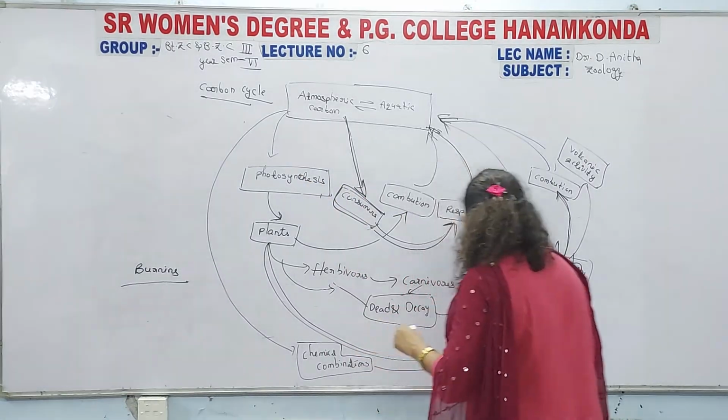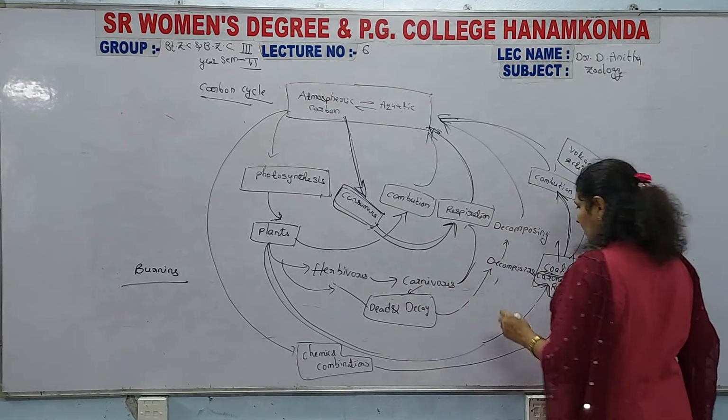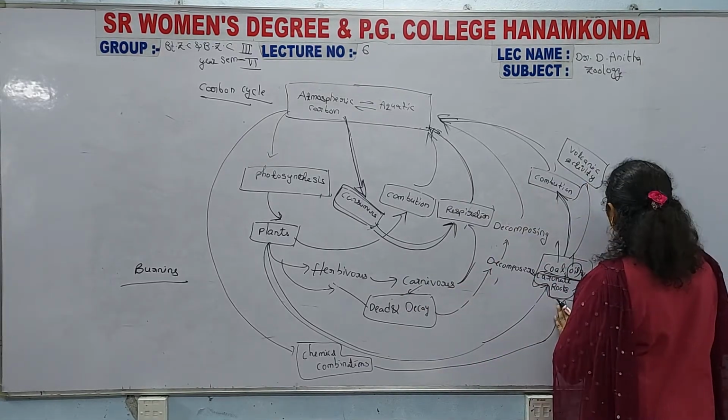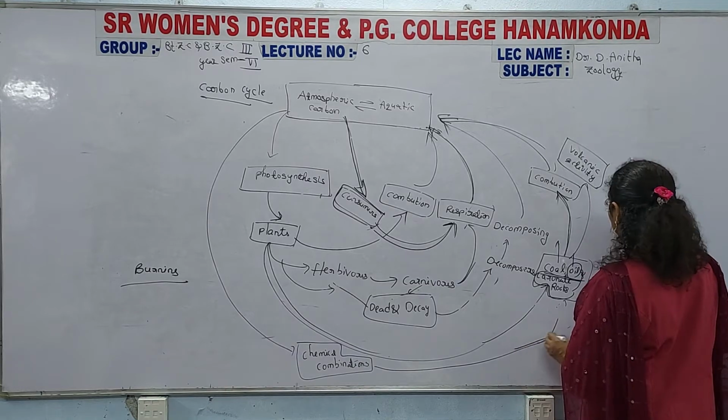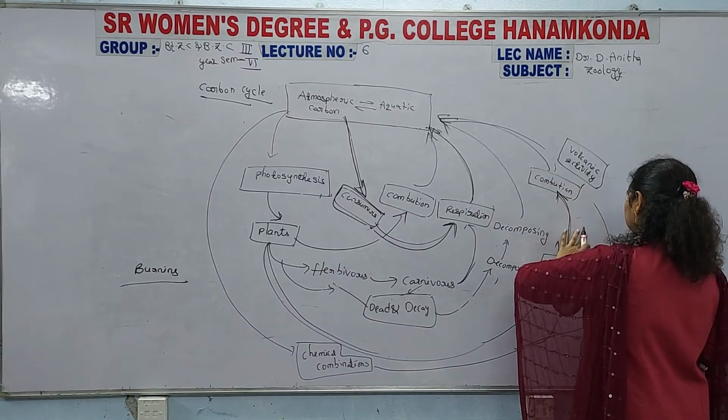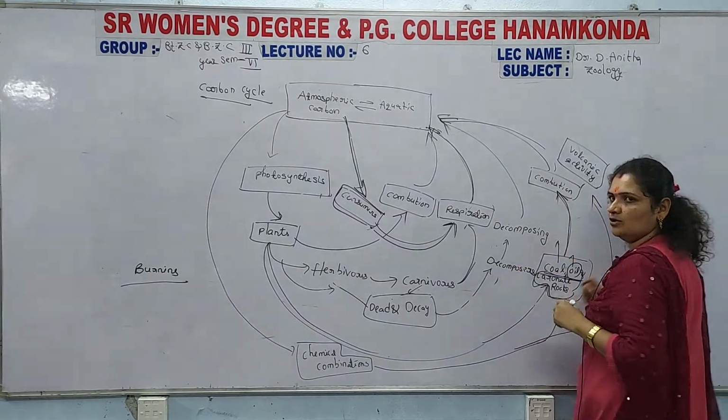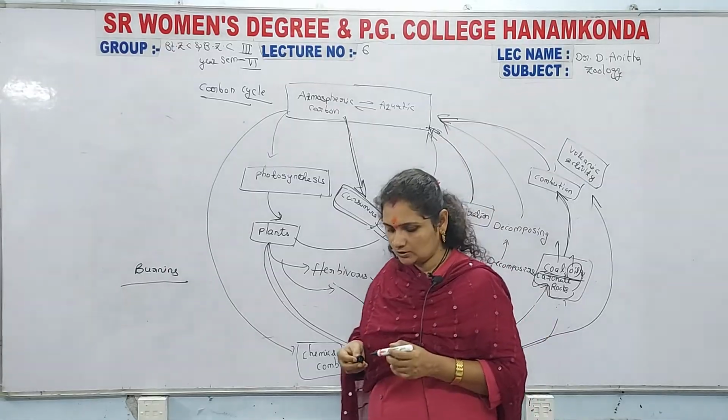The atmospheric carbon undergoes some chemical reactions and directly forms volcanic activity. The volcanic activity, you know very well, the volcanoes, have lava.